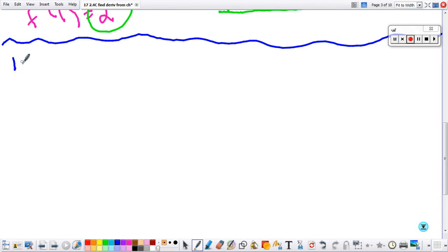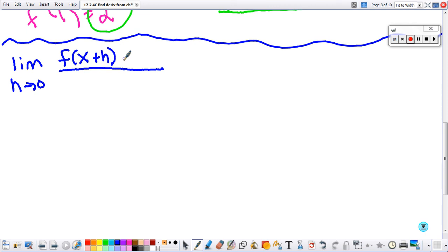Well, we can do the same thing and calculate the slope, but instead of having an a, we're just going to have an x. This is the general definition for the derivative. We can find the derivative equation when we have any x, just like when we had any number a.